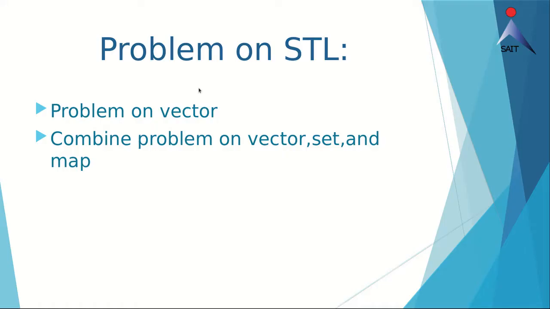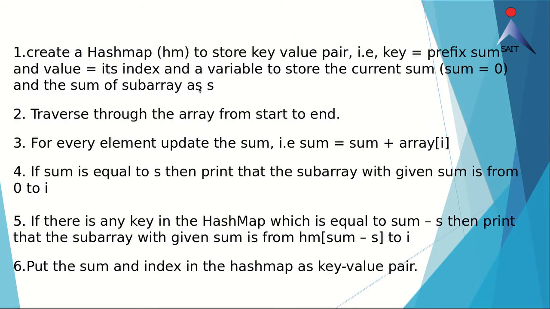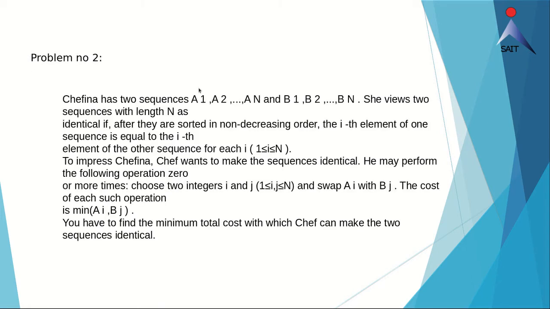So the next problem, I am reading the problem first. Shapina has two sequences a1 a2 an and b1 b2 bn. She views two sequences with length n as identical if, when sorted in non-decreasing order, the ith element of one sequence is equal to the ith element of the other sequence for each i belonging to the closed interval 1 to n.